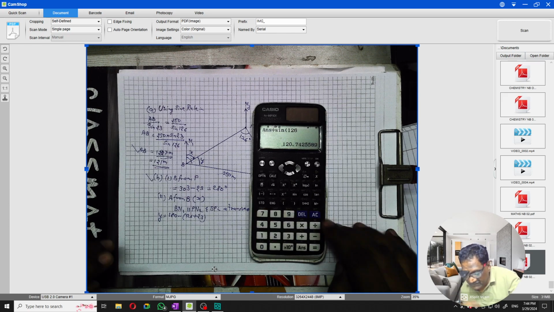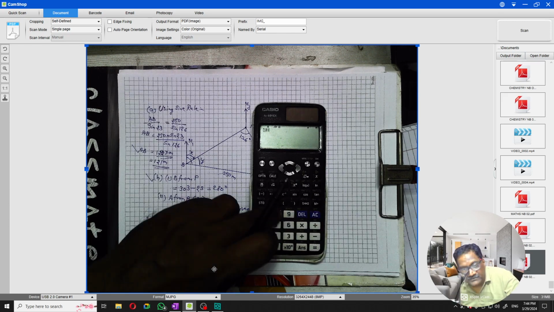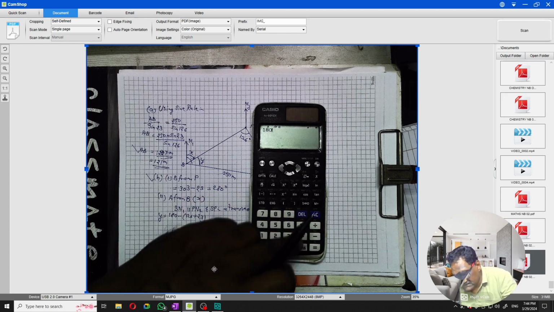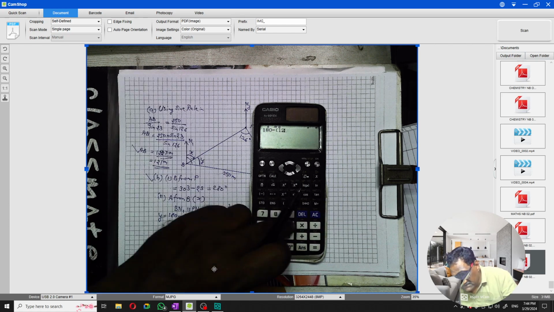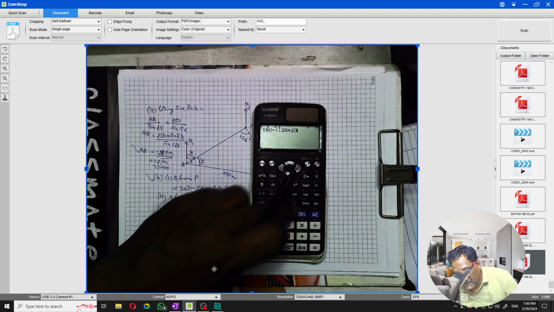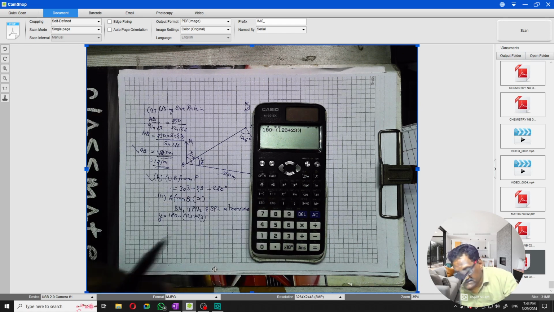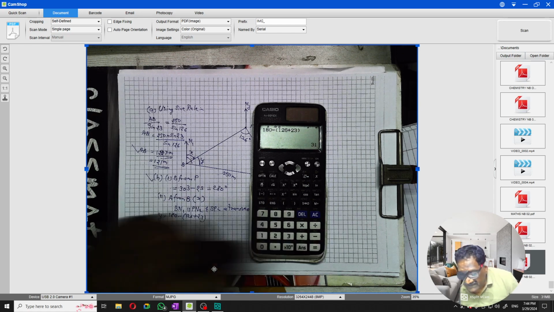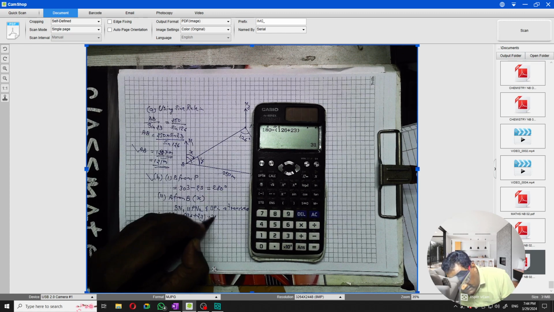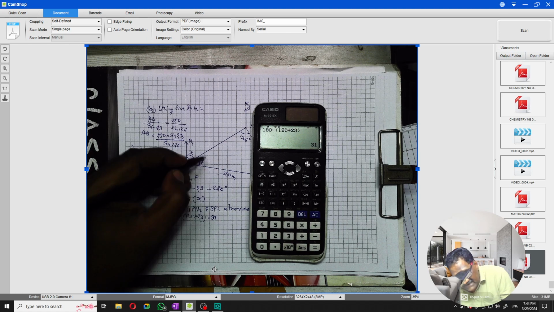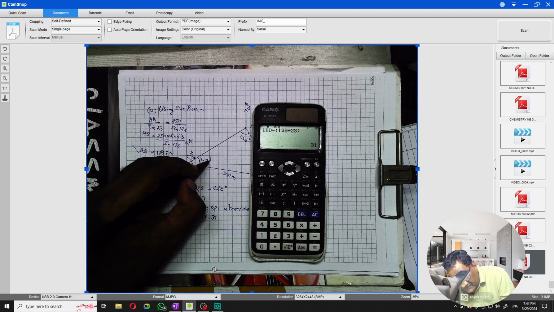So y will be equal to 180 minus in bracket 126 plus 23, and the answer to this I am getting as 31. So this y angle I am getting as 31.